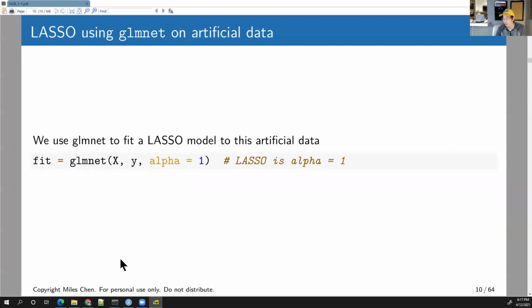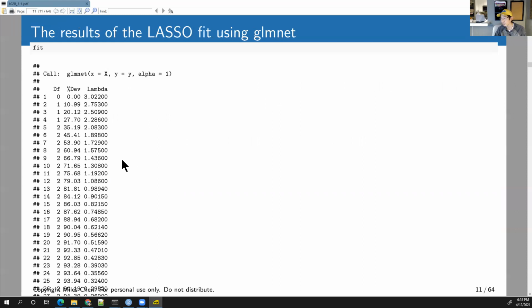Here we're going to fit glmnet between x and y, and we got lasso because we're using alpha equal to 1, and this is the output. If you use a lambda of 3 and stuff like this, you're going to end up with 0 coefficients being predicted.